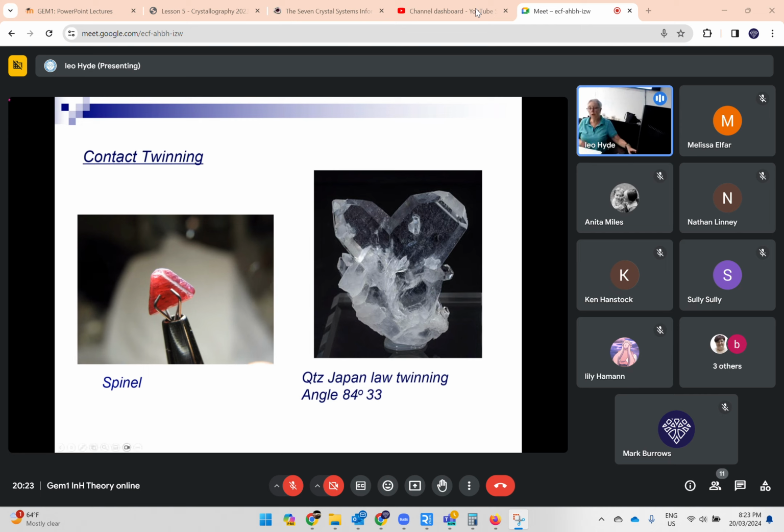So when you see this spinel and it's changed direction, so you've got this flat triangular thing here, but what you can see is the plane where it's gone across, there's a V, there's a V there. We call that the reentrant angle, and that's an indication that twinning has happened in that particular spinel.